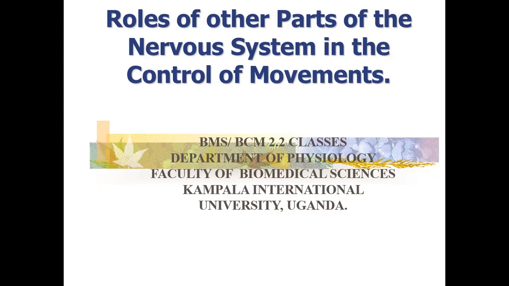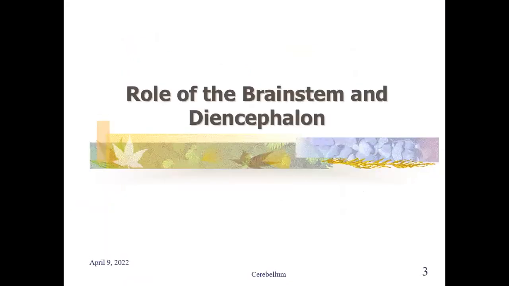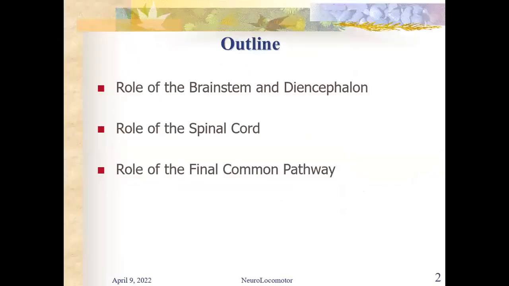We are also going to look at the role of the diencephalon, mainly the thalamus, in controlling movements. We are also going to see the role of the spinal cord, and the role of the final common pathway in the control of body movements. So that is what we are going to look at today.